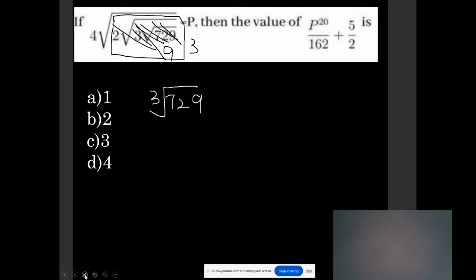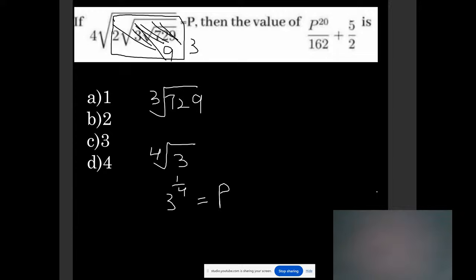Now let us rewrite the question. The question became fourth root of 3, which is nothing but we can write this as 3 power 1 by 4. So p value is equal to 3 power 1 by 4. Now we should just substitute in the given question p power 20. P power 20 means it is 3 power 1 by 4 whole power 20.